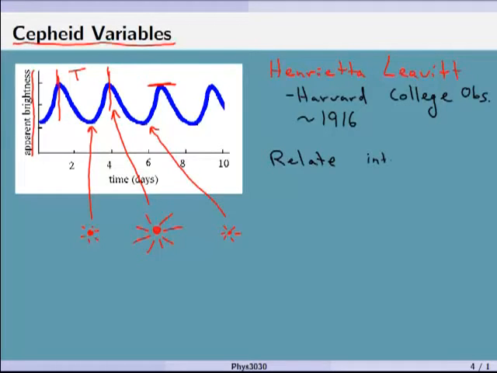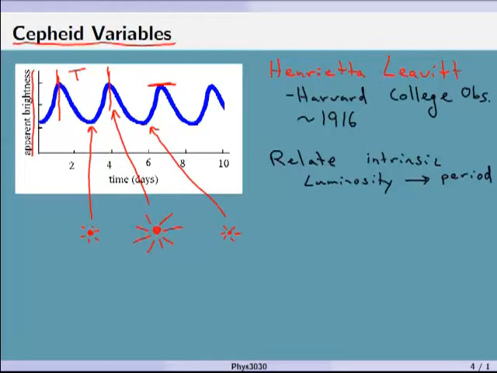Now, intrinsic luminosity. This is a graph of the apparent luminosity, but it turns out that this is actually true for the intrinsic luminosity. So we relate that to the period. Once you know this for one star, it's true for all of these Cepheid variables.